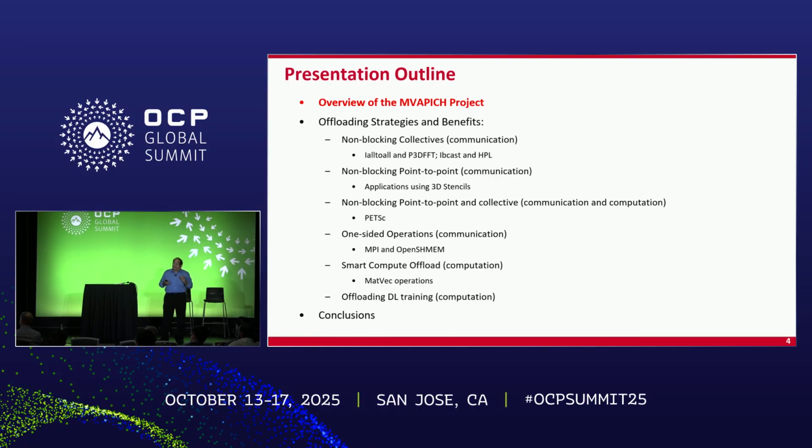Then I will focus on some point-to-point and also collective operations, where we want to offload both computation as well as communication. Then I will focus on some one-sided operations in the context of both MPI and OpenSHMEM. The SHMEM standard is also gaining momentum, and that is on the communication aspect. Then some smart compute offload, which focuses on computational offload. And finally, I will also try to see how you can take the offload even in the AI workload. That will be the rough outline of the presentation.